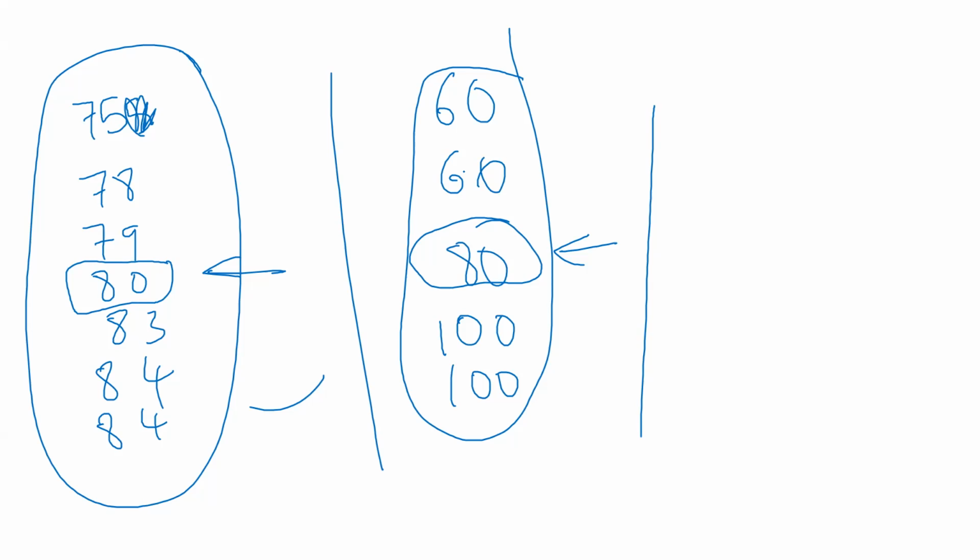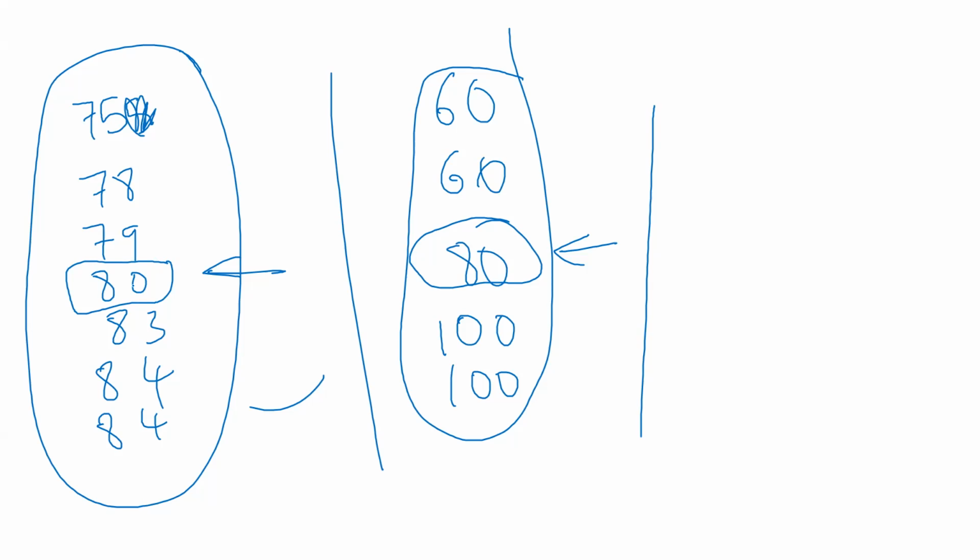See, the point really is that we need to know how spread out the scores are. Don't worry about the marks too much. The point I'm trying to make is that 80% over here and 80% over here are different, and they're different because of the spread of scores. When the scores are really spread out, it's different to when they're really close together.